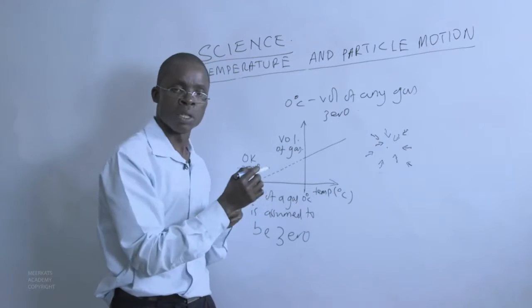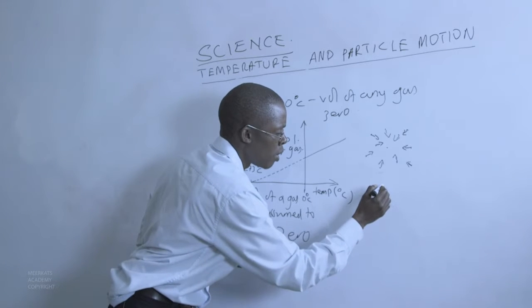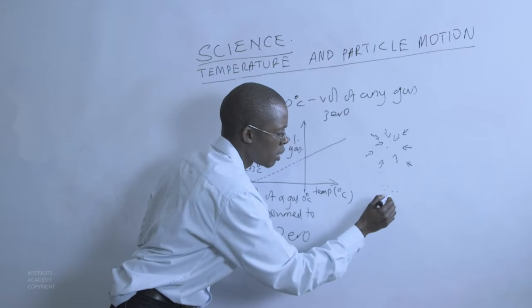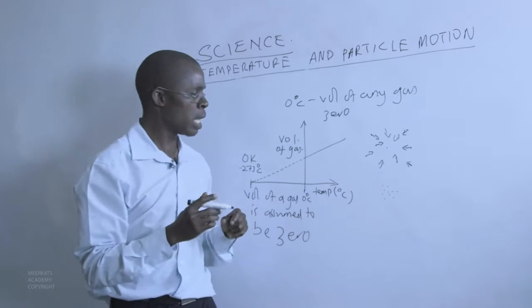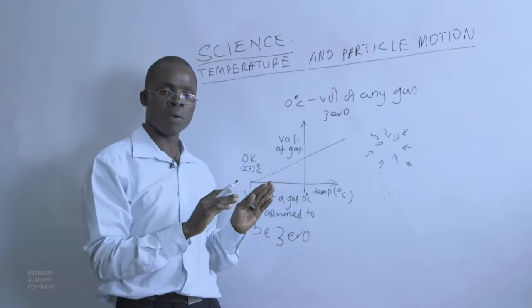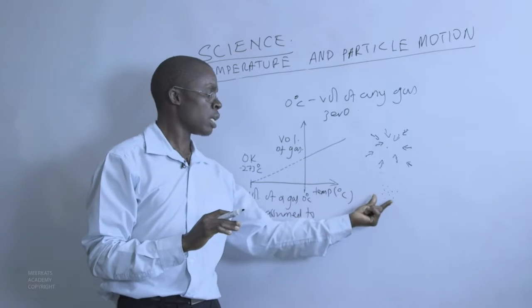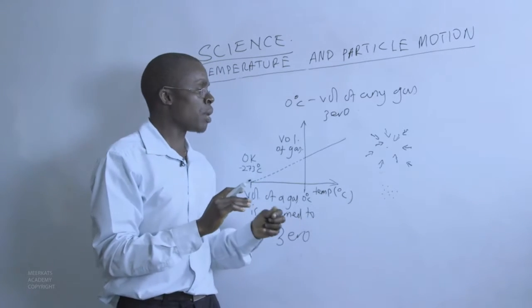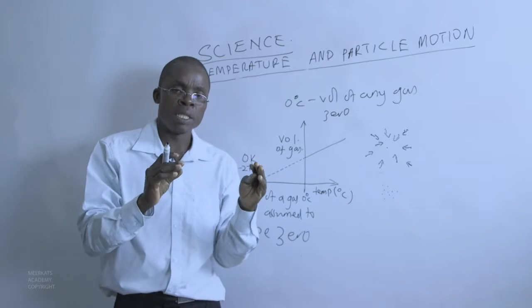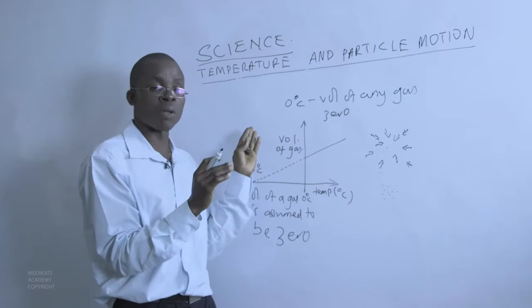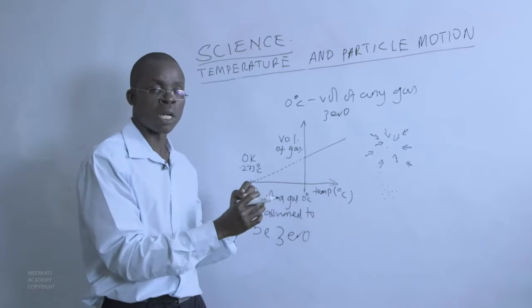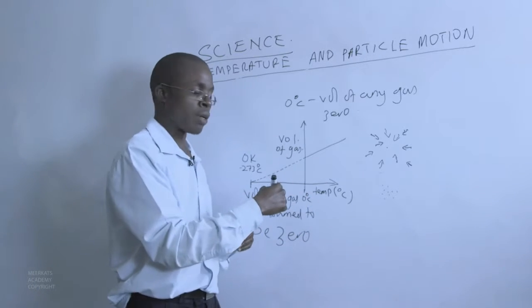10 particles. So we can have the same 10, 1, 2, 3, 4, 5, 6, 7, 8, 9, 10. That's still 10. But look at the space they have occupied. The space is smaller than this. This is being achieved because the particles are losing energy because of reduction in temperature, moving much closer. Again, reduce the temperature.